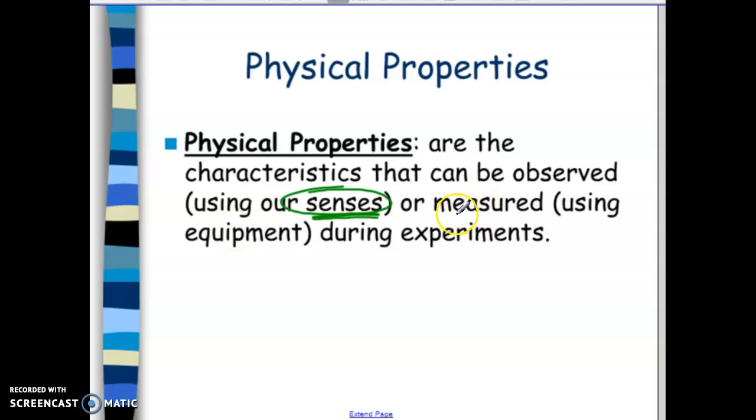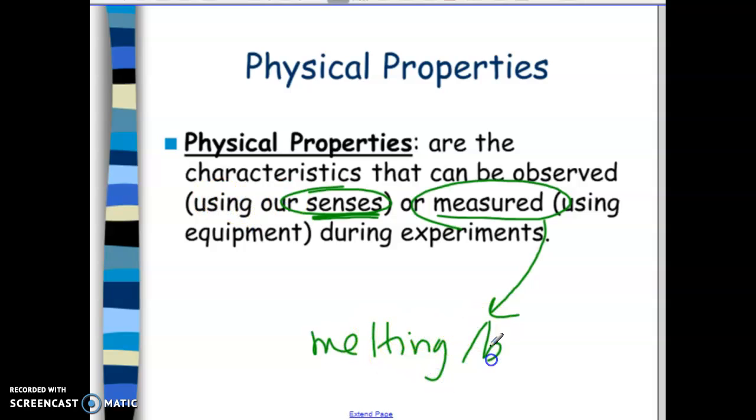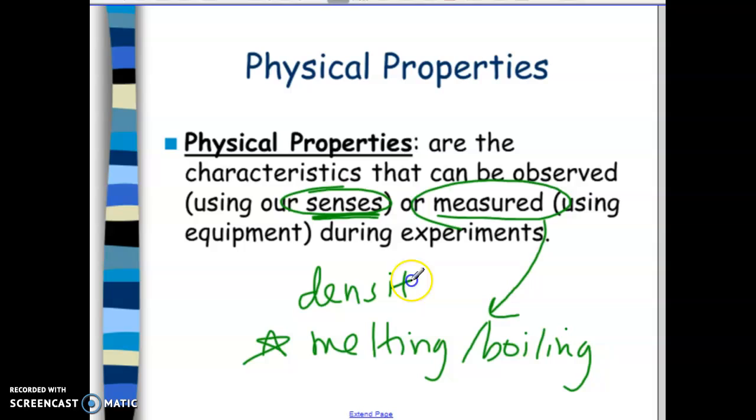But we can also have physical properties that can be measured. I know we've already talked about this before, but melting and boiling points are both types of physical properties, and these are both unique depending on what type of matter we're discussing. Another measured physical property is density.